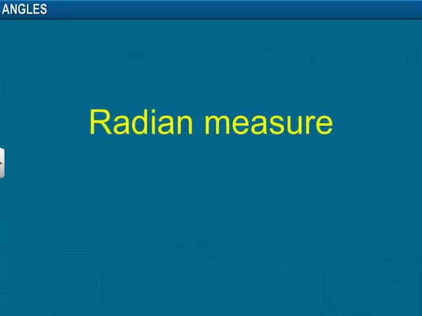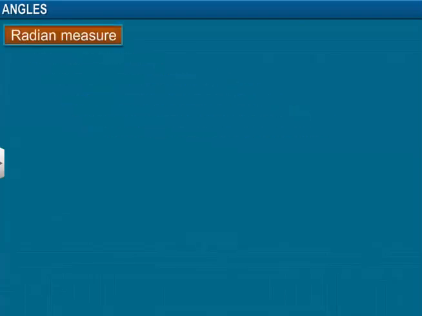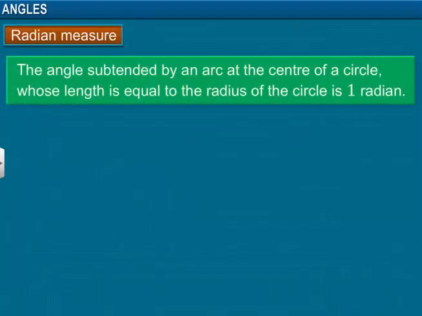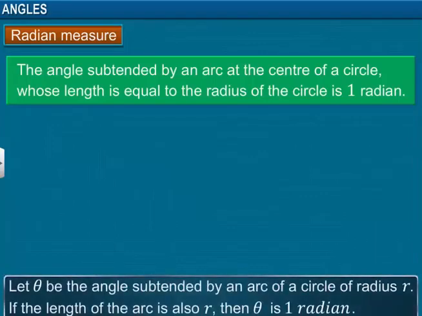Let's now discuss the radian measure. The angle subtended by an arc at the center of a circle whose length is equal to the radius of the circle is 1 radian. In other words, let theta be the angle subtended by an arc of a circle of radius r.